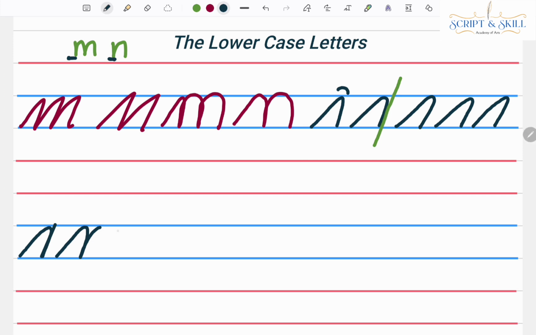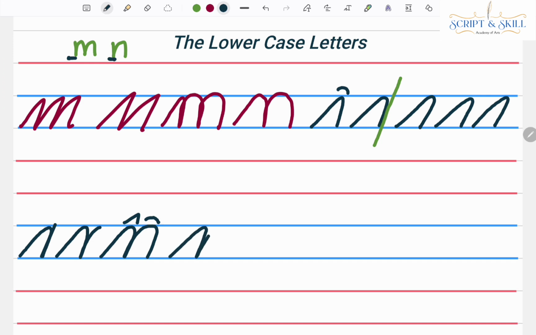So it's like an R. So retrace it back up, leave some gap on top, and that's how you write the letter N. But make sure this part is a bit angular when compared to the next curve.